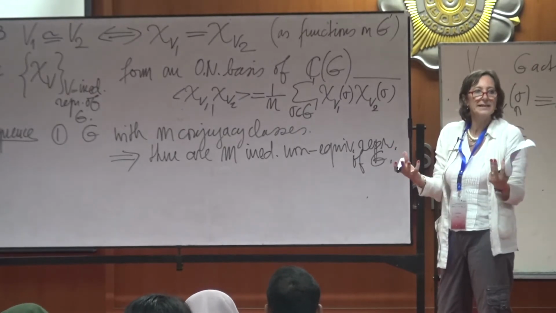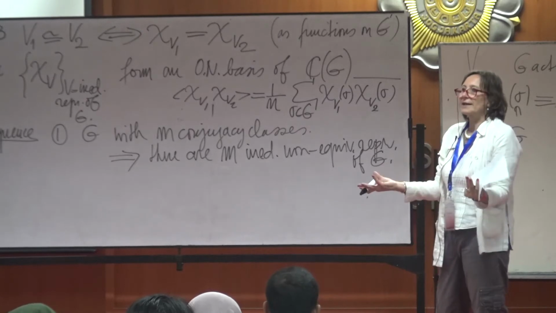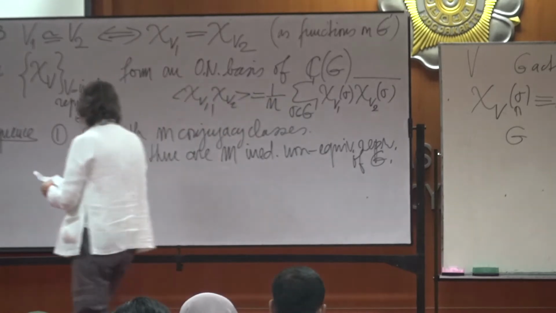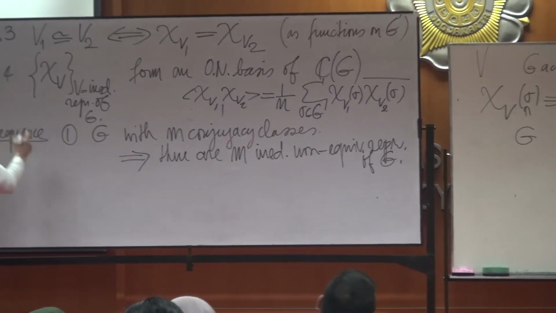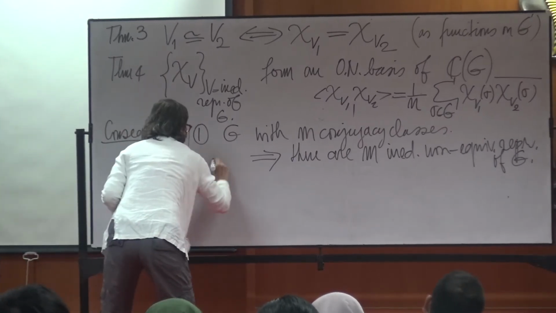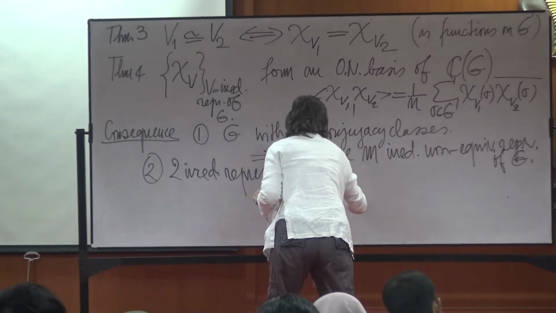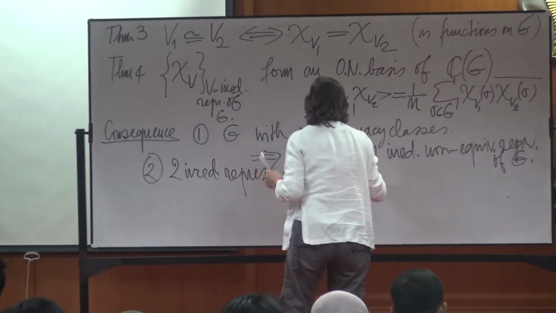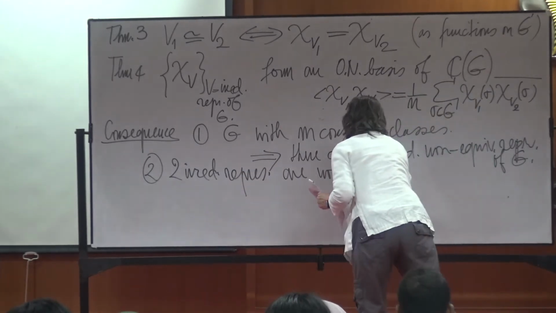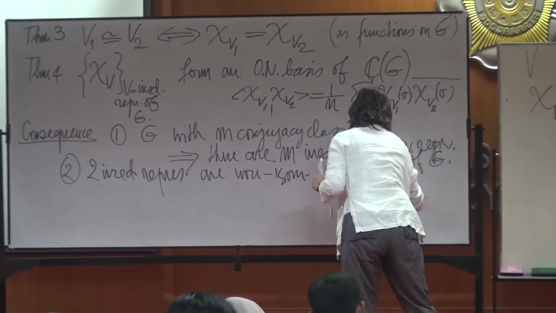If we have two representations, we can check their characters. If they are equal, they are equivalent, otherwise not. That's it. Two irreducible representations are isomorphic if and only if they have the same characters, and non-isomorphic if they have different characters.